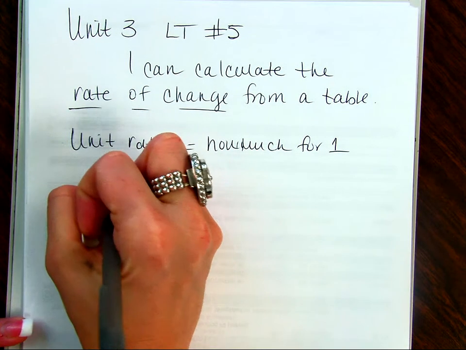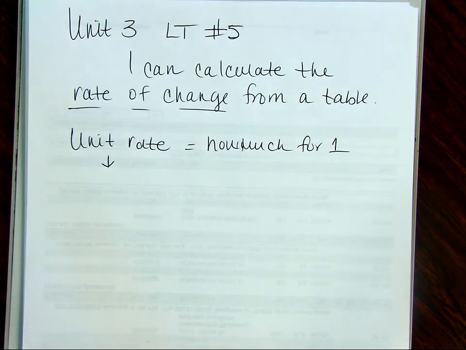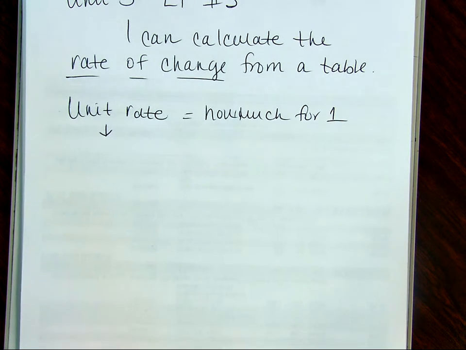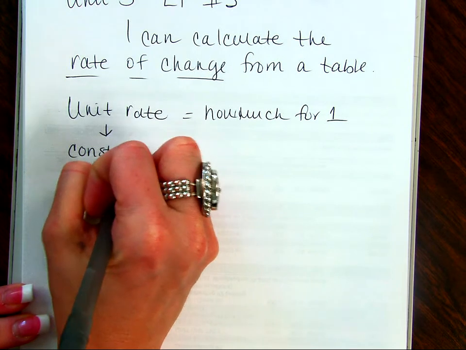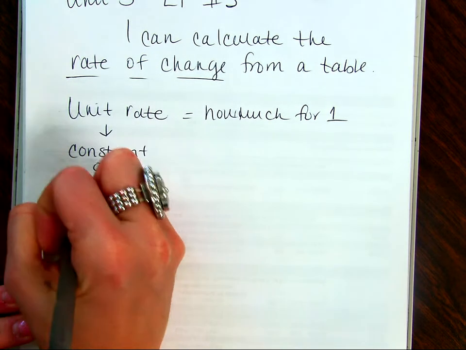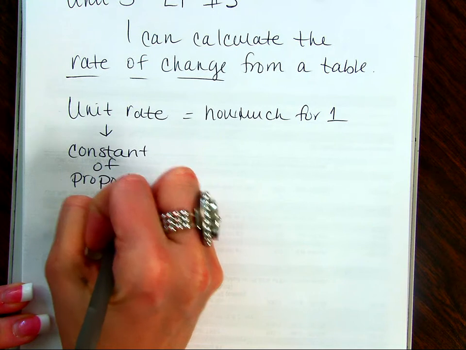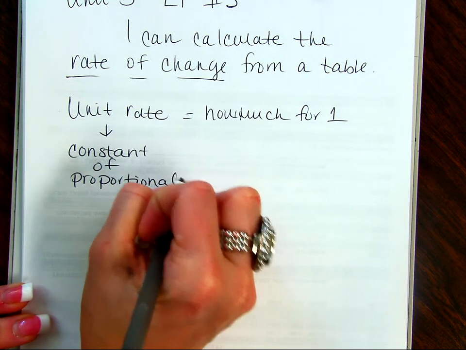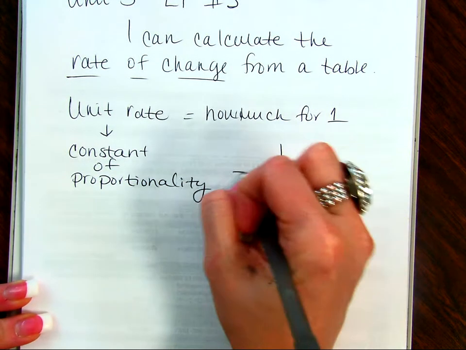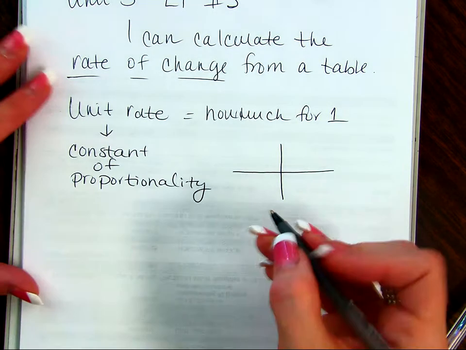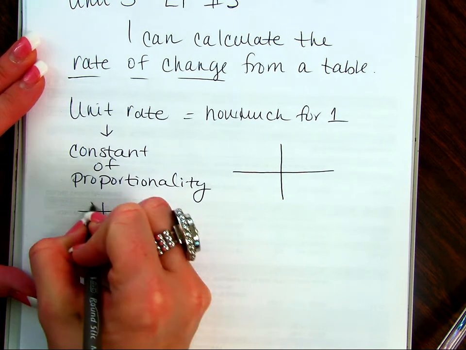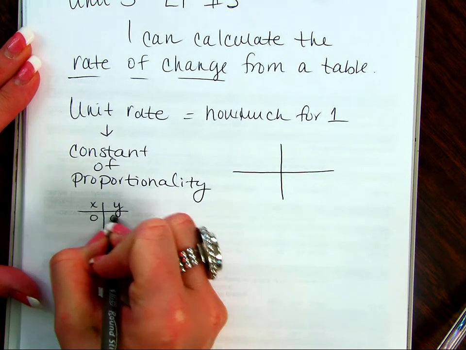And then we turned unit rate into something called constant of proportionality. Do you remember that? Okay, I see those looks on your faces. Constant of proportionality. And that was when you had a table that looked like this, right?